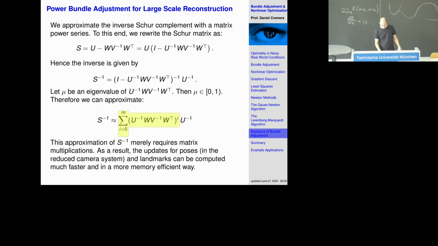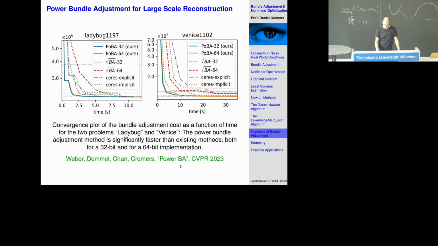And so we can compute the landmarks and the poses much faster by solving this inverse Schur complement with the power series, and hence the whole problem can be done much faster, also much more memory efficient, because you can multiply these matrices in place, so it doesn't take much memory.